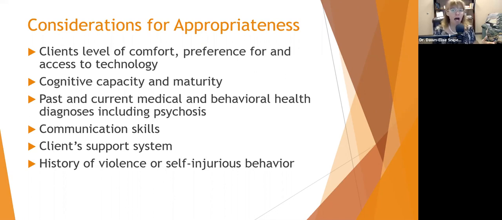So he would not probably be appropriate for text-based counseling because it would be so frustrating for him to communicate, and likely because he doesn't type well, he would not be as explicit as he probably needed to be to communicate his feelings, because he'd be trying to keep it as short as possible.